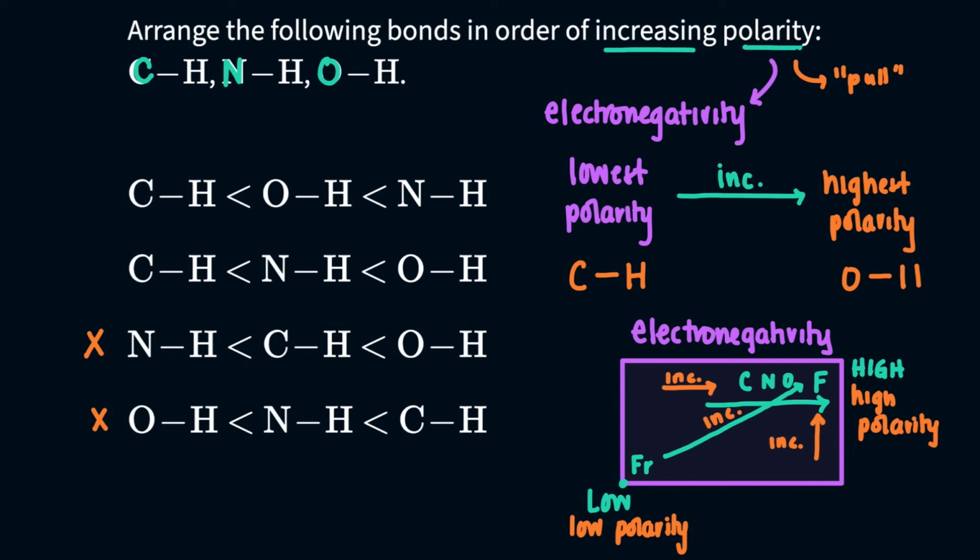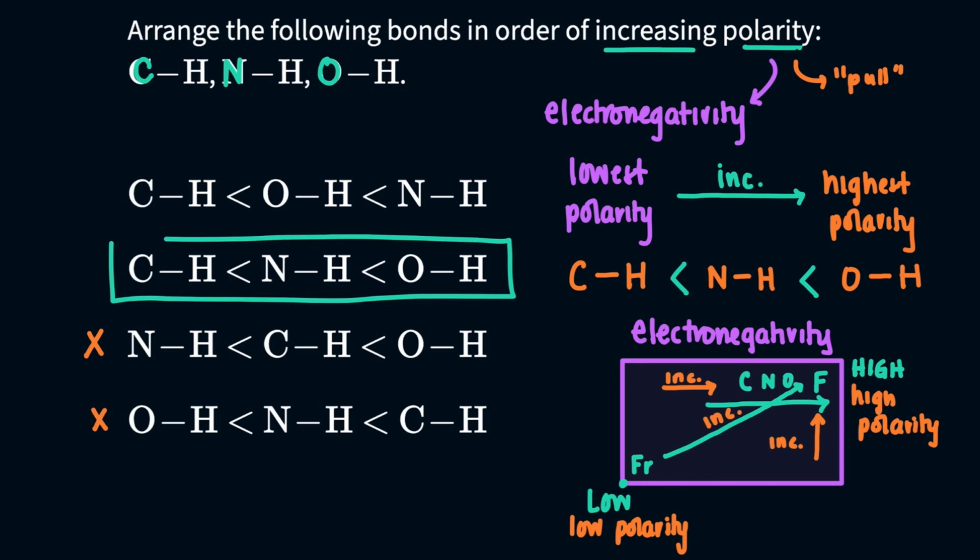It would have been FH, but FH just wasn't one of the answer choices that they wanted us to fix. So C on the left, O on the right, N right smack in the middle. And there we go. If we are increasing, that means that the arrow is chomping on the bigger guy, so my arrow would have to go this way. And then that's it. And it seems like it's letter B for that.